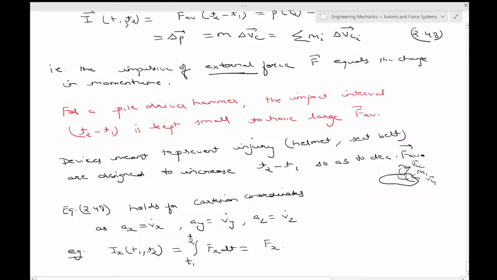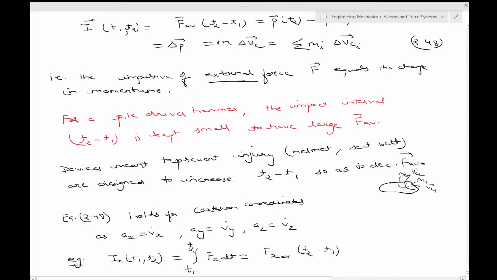So Fx average times t2 minus t1, and this quantity, if you just look at what is there in 2.48, is equal to delta px, or m delta Vcx, or sum of mi delta Vcix. Okay, so all in the x direction.